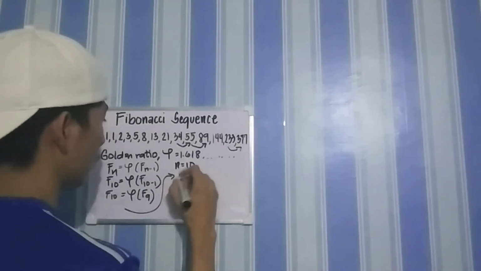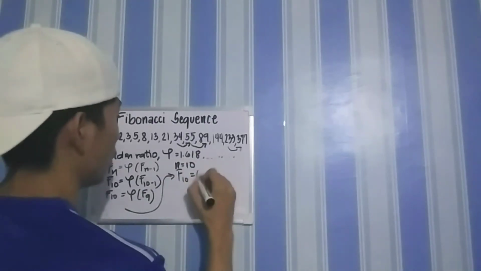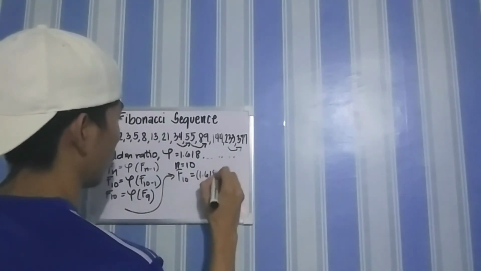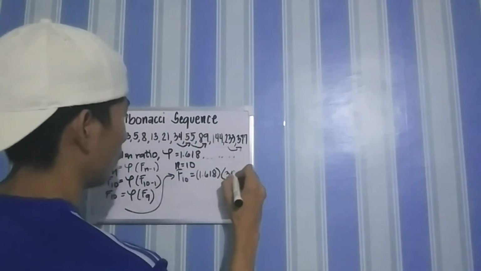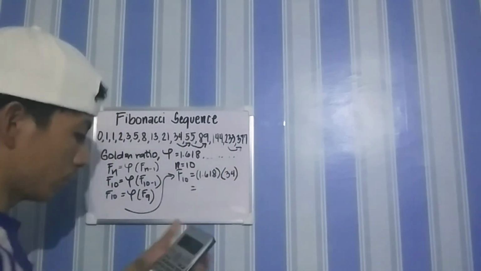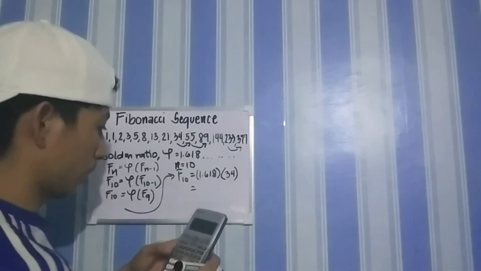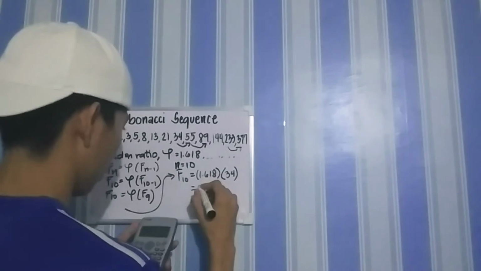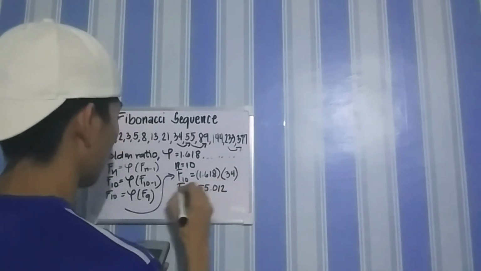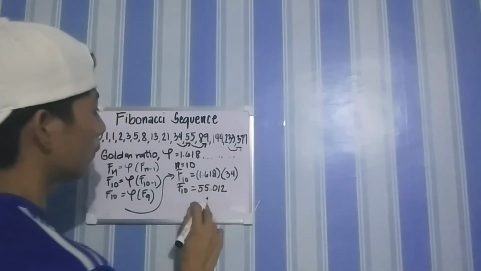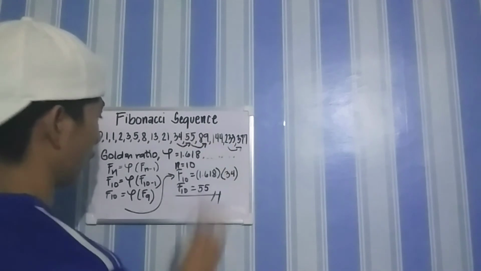Substituting the values, f sub 10 is equal to phi, which is 1.618, times f sub 9, which is 34. So 1.618 times 34 is equal to 55.012. Rounding off, this is equal to 55, which is correct. Our f sub 10 is equal to 55.